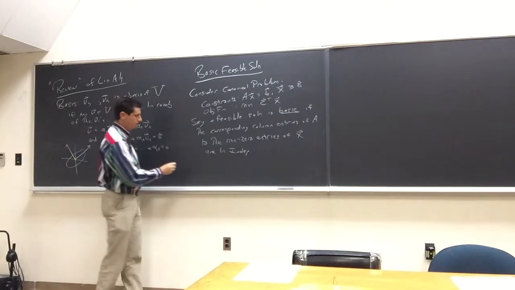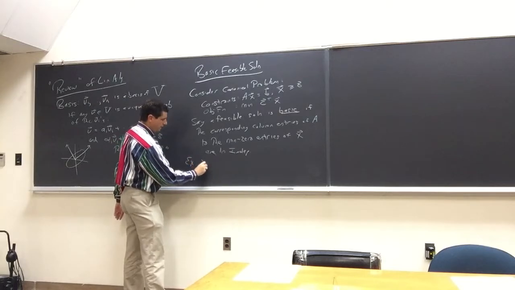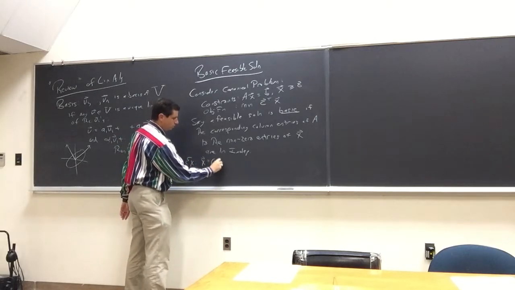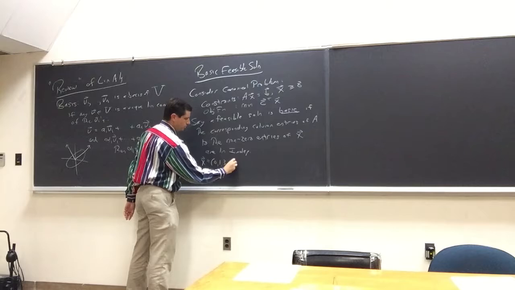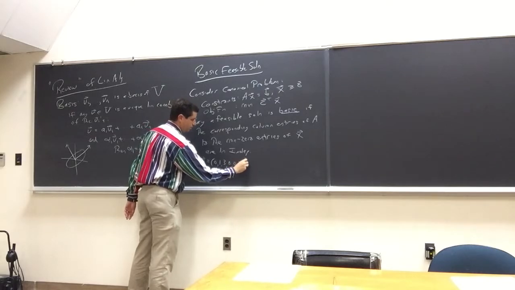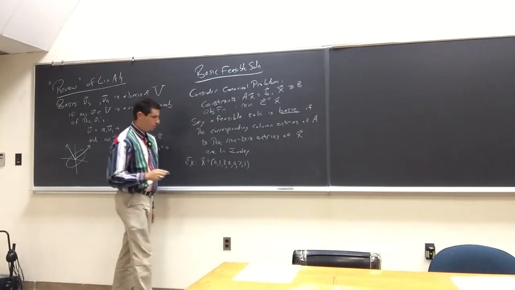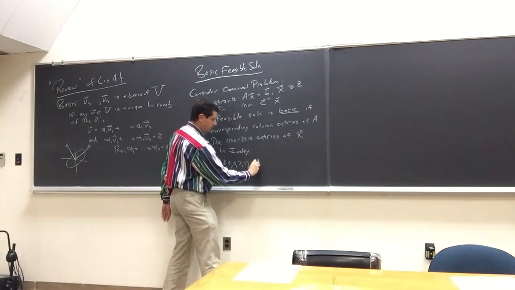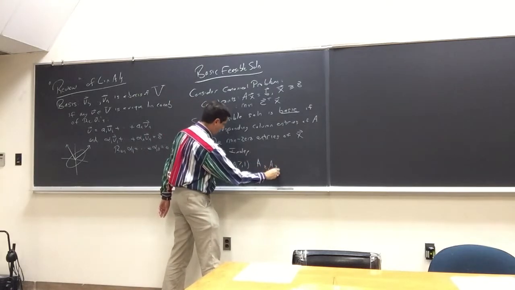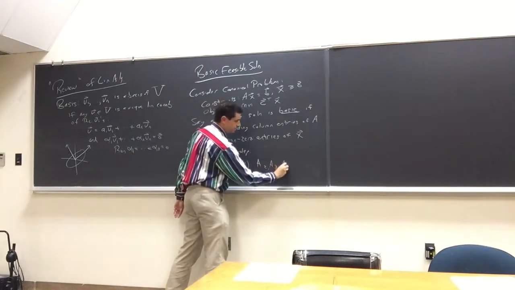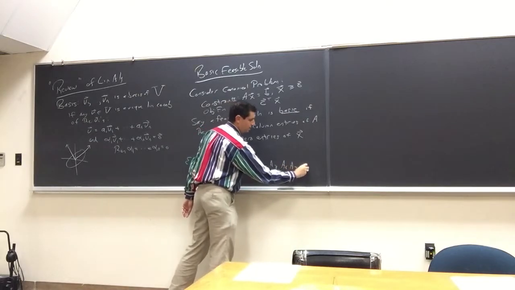Okay, so what would that mean? So for example, if x equals (0, 1, 3, 0, 0, 7, 1), then we would want the columns A2, A3, A4, A5, A6, A7 to be linearly independent.